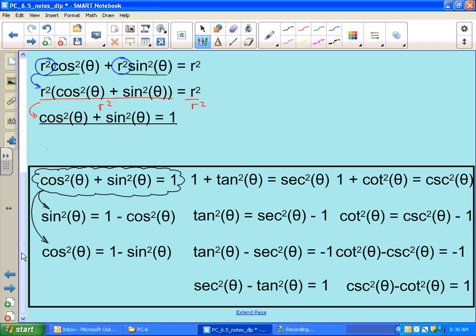So 1 minus cosine squared gives me just sine squared by itself. And 1 minus sine squared just gives me cosine squared by itself. What happens over in this group? Well, initially what happened is we took this function to get this one, we divided everything by a cosine squared.